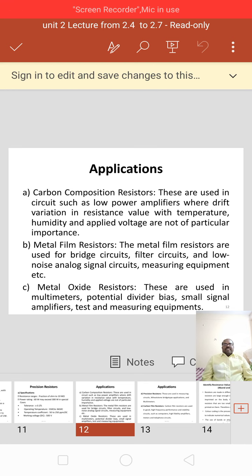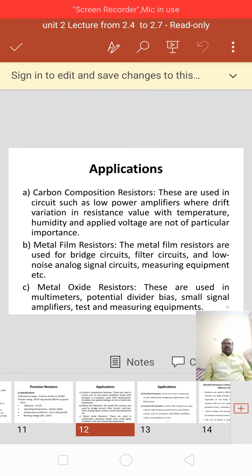Next, metal film resistors are used for bridge circuits, filter circuits, low noise analog signal circuits, and measuring equipment, etc.